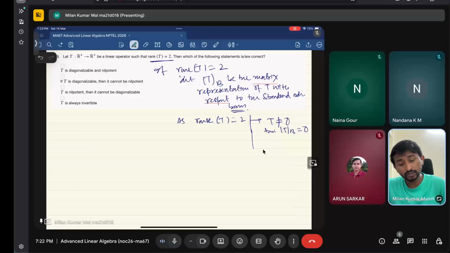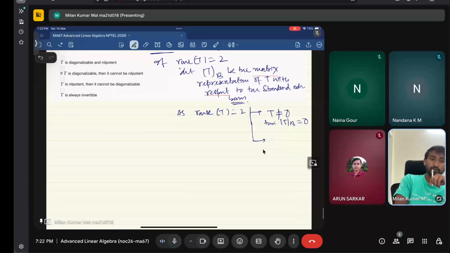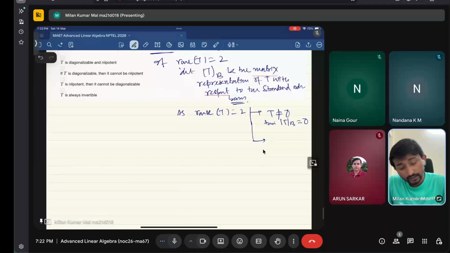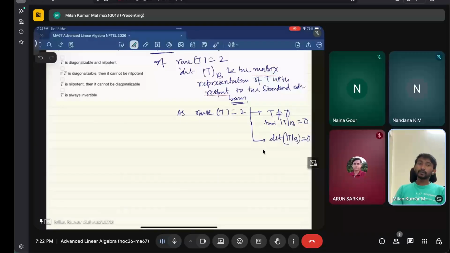And the second fact is that the determinant of TB is actually 0, because if the determinant of TB were non-zero, the rank would be 4. So the two facts are: TB is not a zero matrix, but its determinant is 0. This is what I wanted to say.